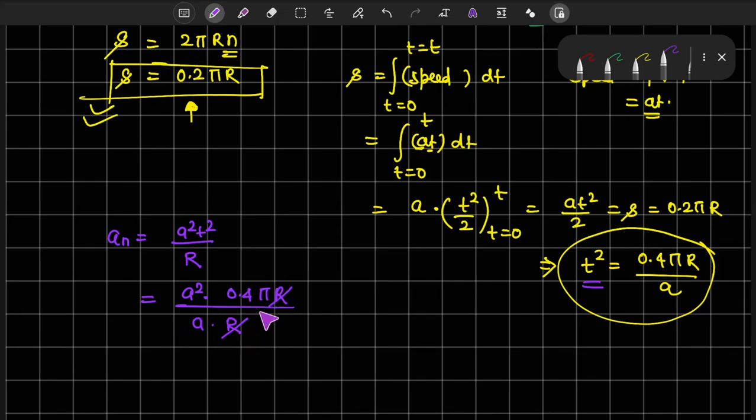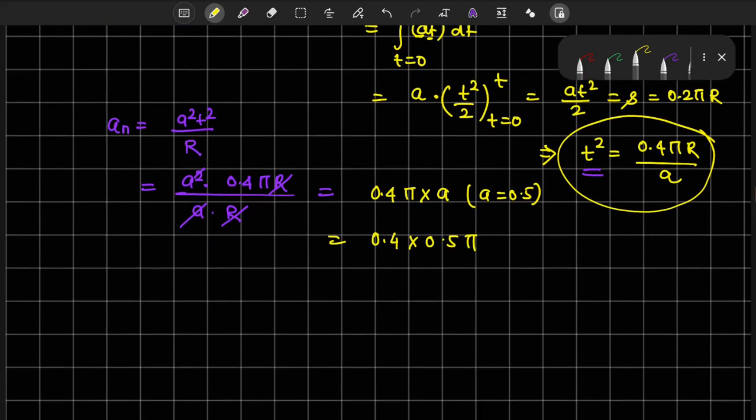So r will get cancelled, a will get cancelled, and we get 0.4 into pi into a, and the value of a is 0.5, so we can write it as 0.4 into 0.5 into pi, that is equal to 0.2 pi. So this is the expression of an we got.